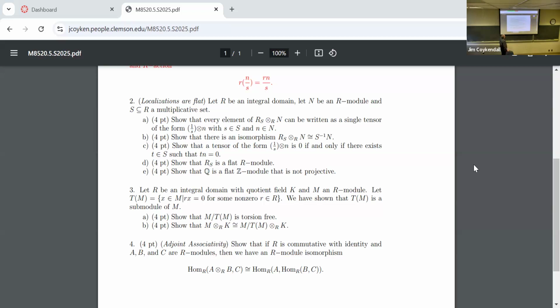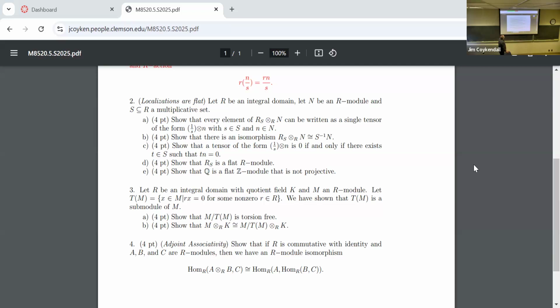Number 3: suppose R is an integral domain and M an R module. Let T(M) be the set of x in M such that r x equals 0 for some nonzero r in R. This is called the torsion module. It's the set of things in M that are killed by a nonzero element of R. We've seen in an earlier exercise that T(M) is actually a submodule if R is an integral domain. Show that M mod T(M) is torsion free, and what I mean by that is the only torsion element is 0.